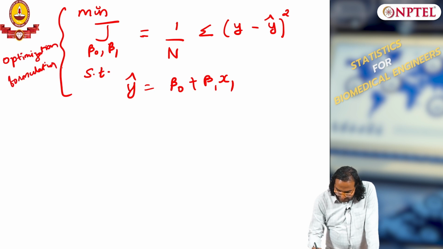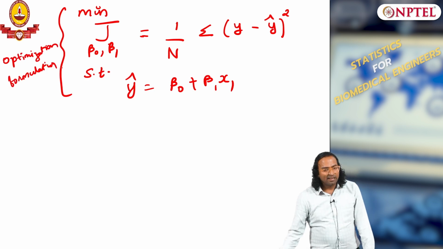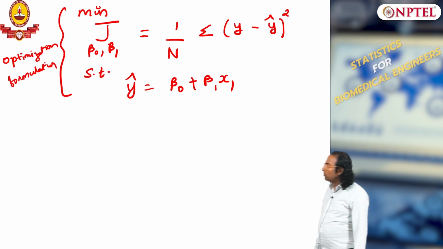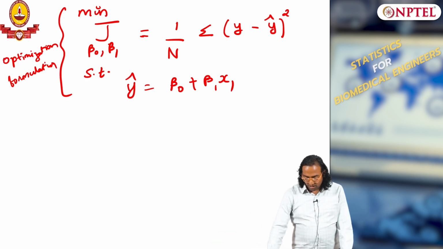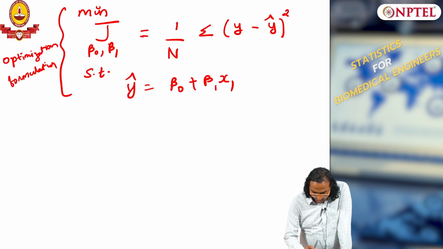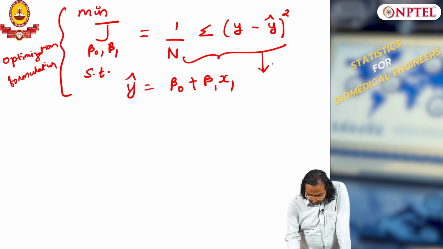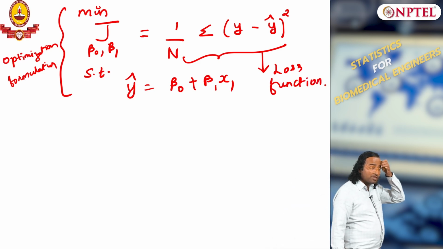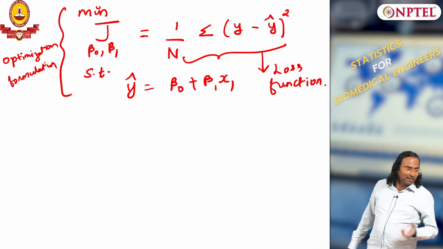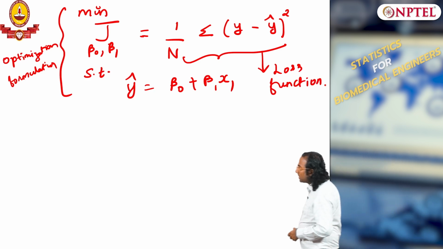So typically it is this: minimize j, and the objective in this case is called the loss function, because you want to minimize this loss. Loss is nothing but error; y minus y hat the whole square is the squared error.